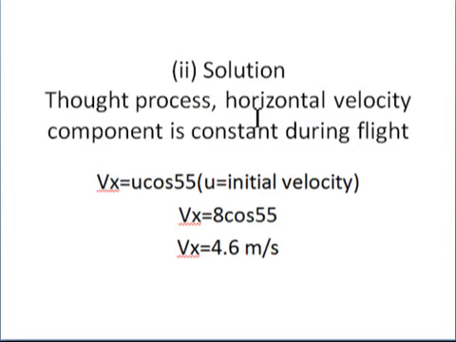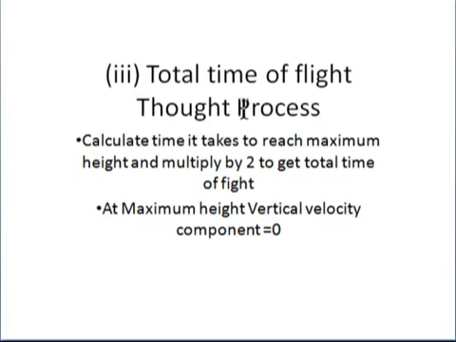Part 2 of the solution: the horizontal velocity component is constant during flight, and it's u cos alpha, which is 8 cos 55, and it gives you 4.6 meters per second. For the total time of flight, the process that I used was to calculate the time it takes to reach maximum height and multiply it by 2.